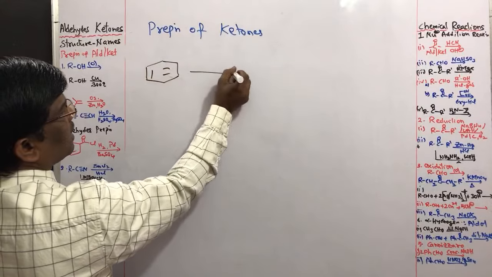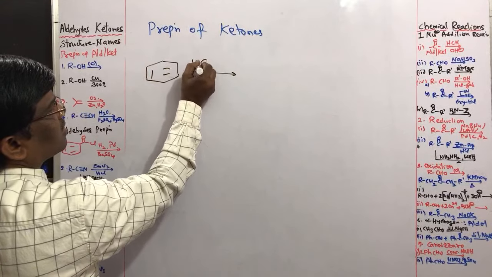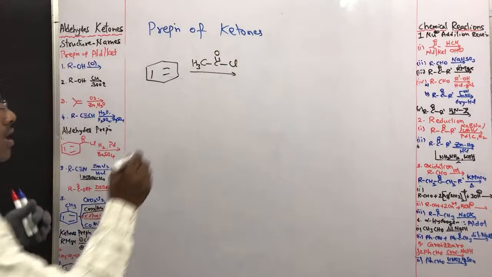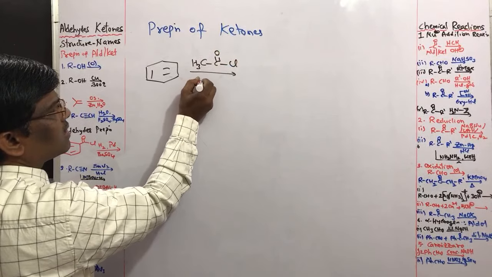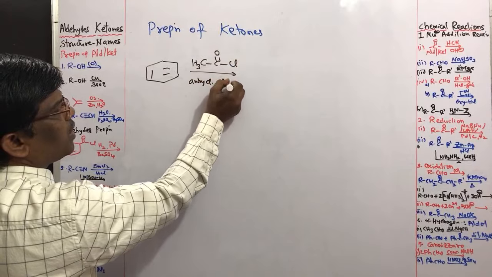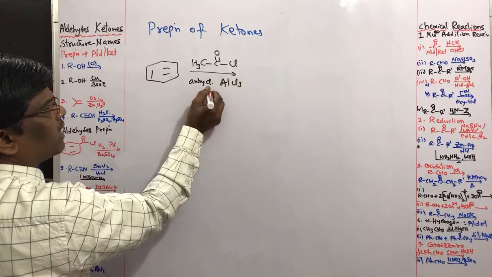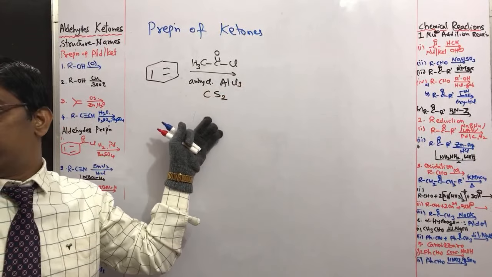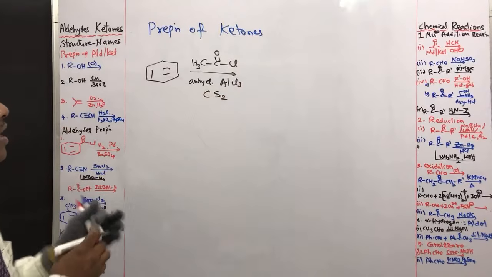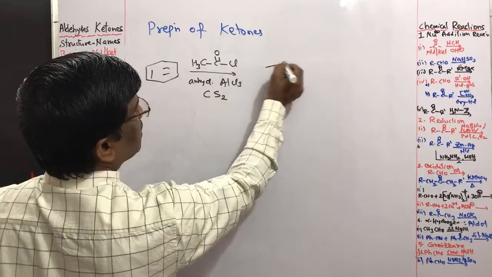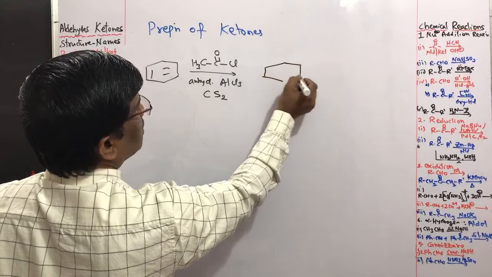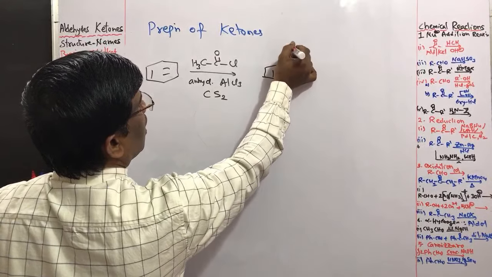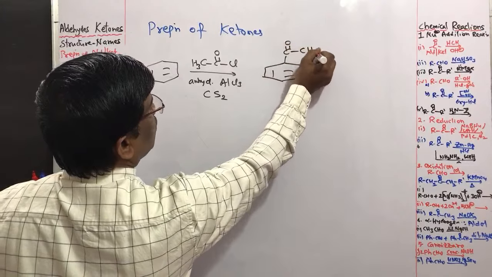When I treat it with CH3COCl, acetyl chloride, in anhydrous aluminum chloride in a solvent, carbon disulfide, which has a boiling point of around 50 degrees centigrade, I am going to get acetophenone.